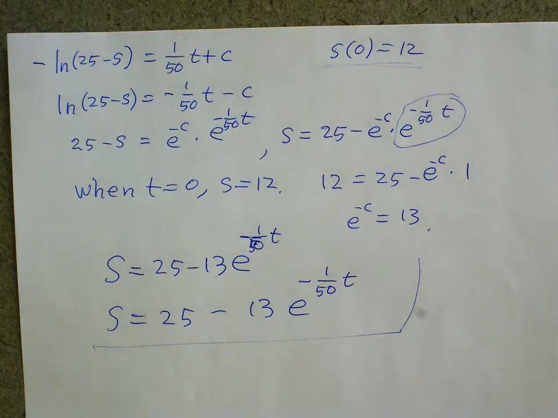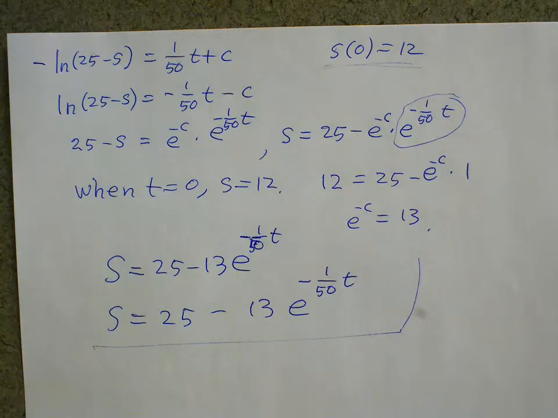Excuse me, Professor, I do have one question. I don't know if I was able to follow. Why is it that the natural log of 25 minus s was negative after we integrated it? Up the very top. Because we were integrating ds over 25 minus s.